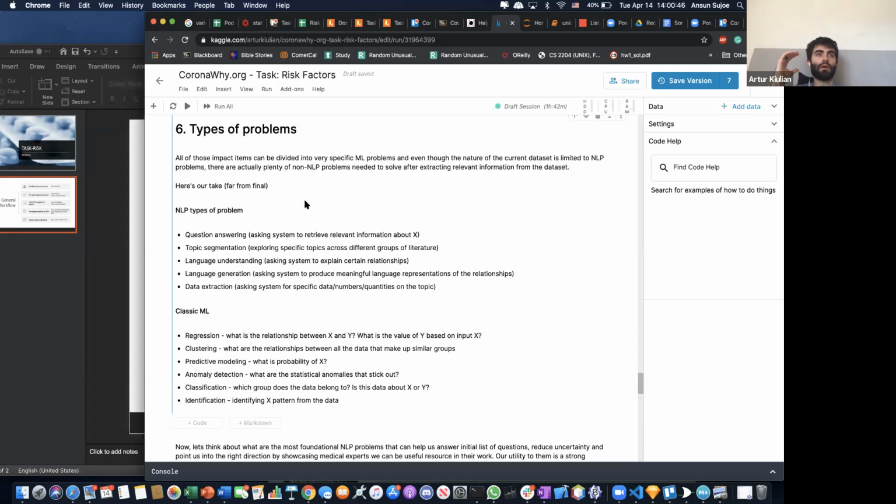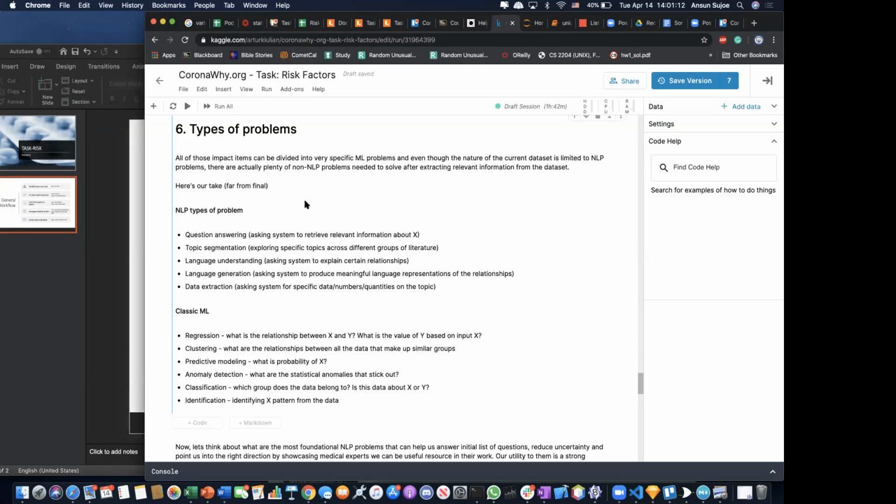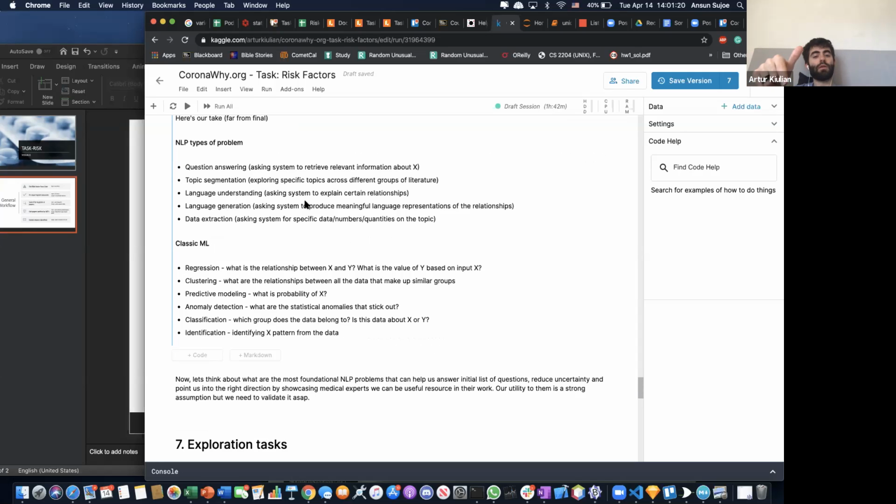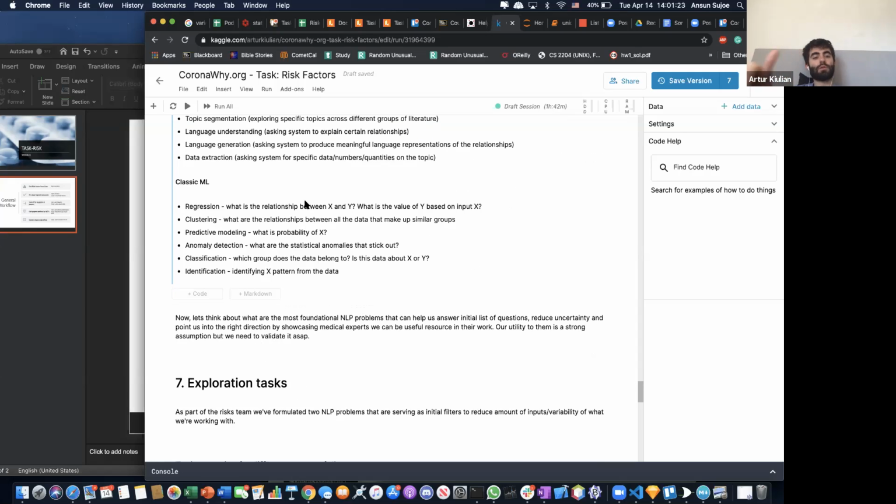It was created just so they could understand what type of machine learning and NLP problems we're dealing with, because some people joining tasks actually had no idea what the typical NLP problems are. I think we can take this piece and move it to the main notebook, because it has nothing to do with the risk factors really. It served the purpose when this notebook was created, but it's not here to stay.